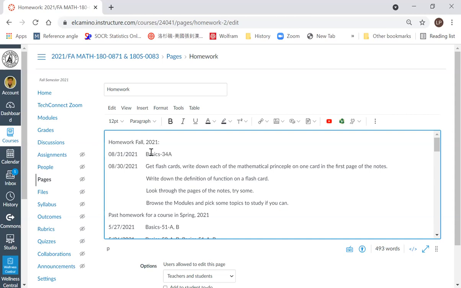I believe it's on page 98. Okay, I could be wrong. It's on page 96. Oh, thank you. Page 96, Basic 34A.